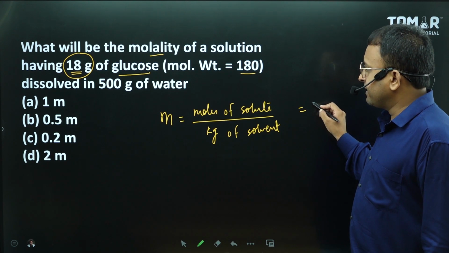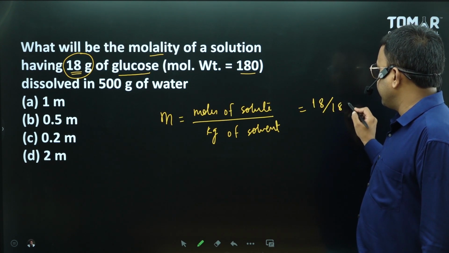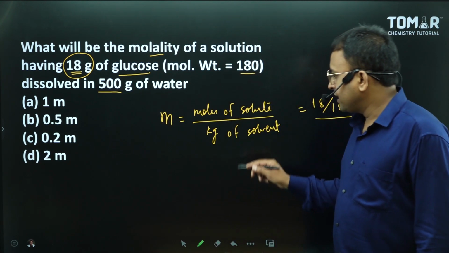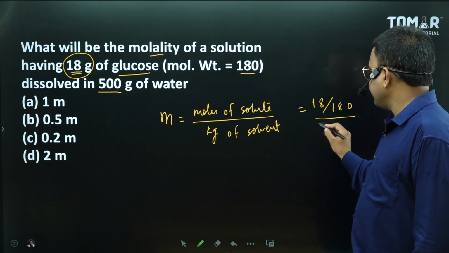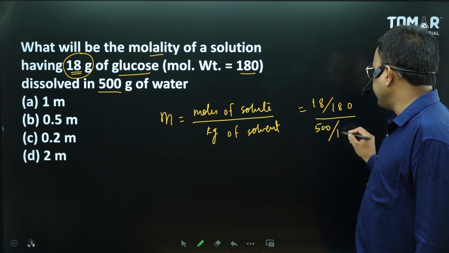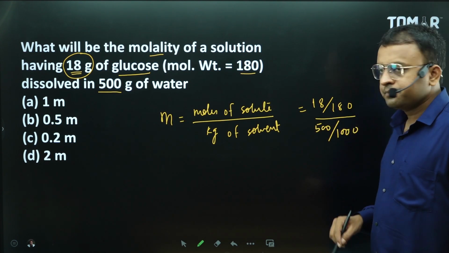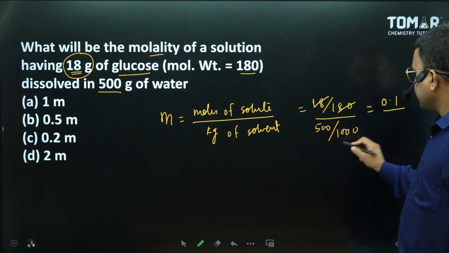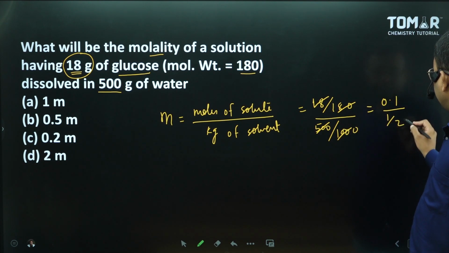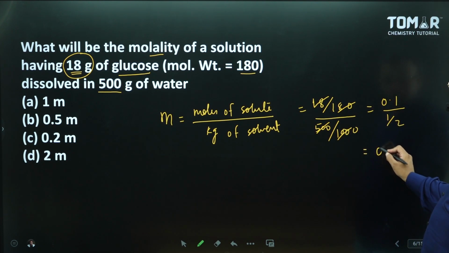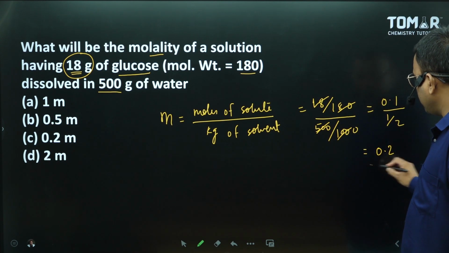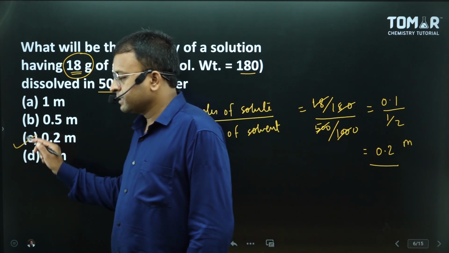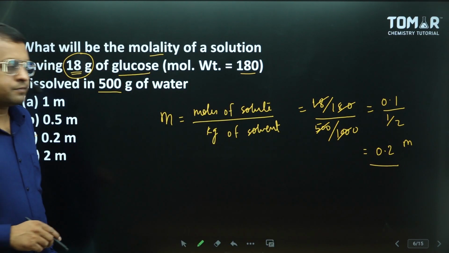So mole is weight divided by molecular weight, 18 divided by 180. 500 gram of water, mass of solvent in kg, so 500 divided by 1000. 18 upon 180 is equal to 0.1, and this will be 1 by 2 multiplied to 0.1, that is 0.2 molal, small m. Correct option is C.